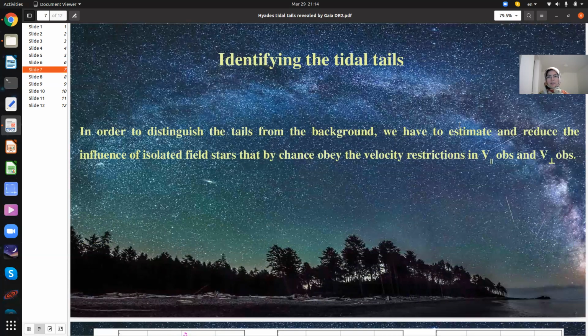Identifying the tidal tails. In order to distinguish the tails from the background, we have to estimate and reduce the influence of isolated field stars that by chance obey the velocity restrictions in V parallel observation and V perpendicular observation. To account for physical overdensities, they proceeded as follows.